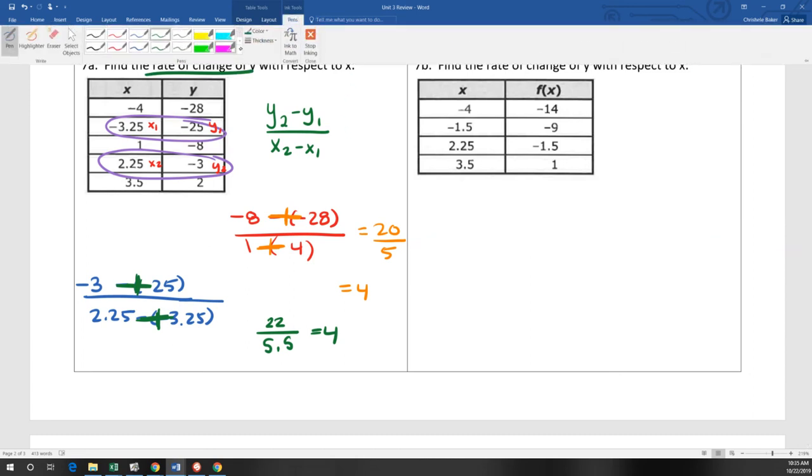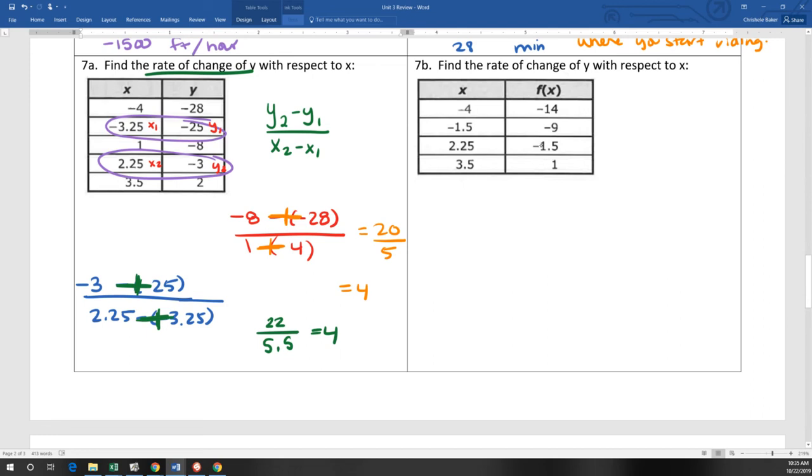Okay, same thing over here. I'm only going to do this one way. So I don't really have a choice. I have to use a decimal. So let me just pick these first 2. x1, y1, x2, y2. -9 minus -14 divided by -1.5 minus -4.